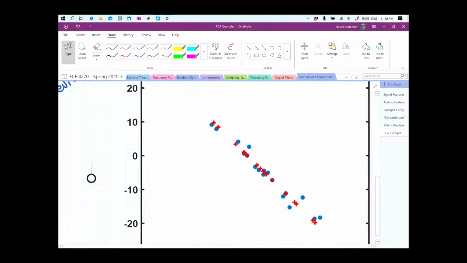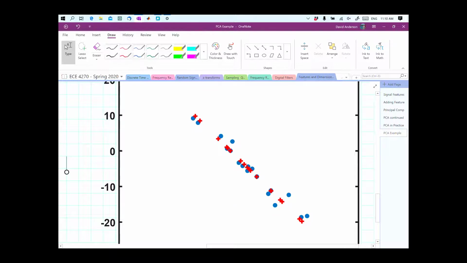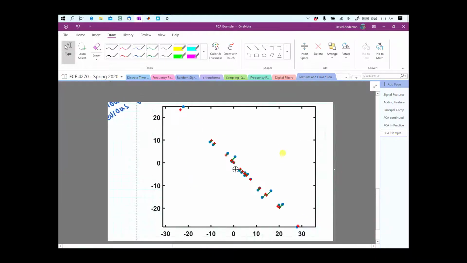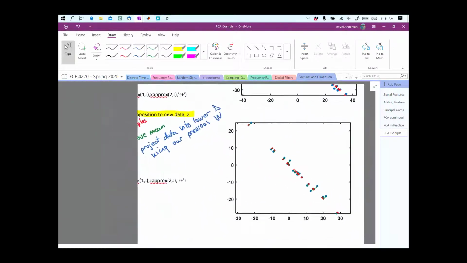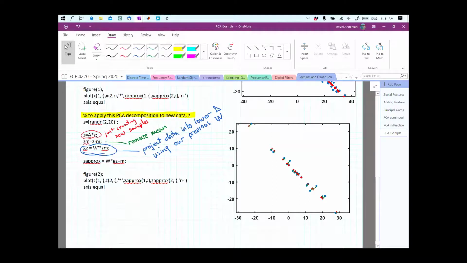So let's look at what's going on here on the right. We can see that these samples are all brought down to the line, to the closest spot on that line. It's just a straight projection onto that space spanned by our single W vector that we had there.